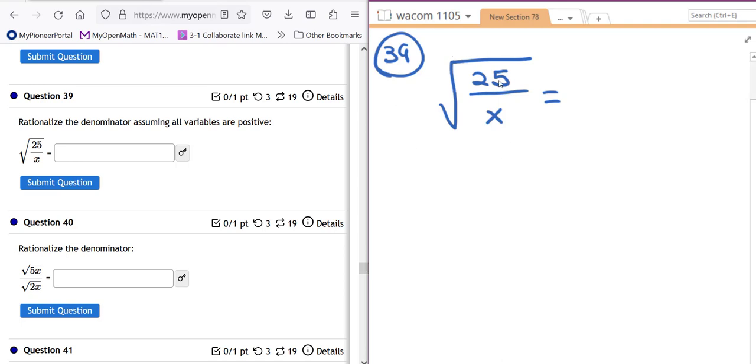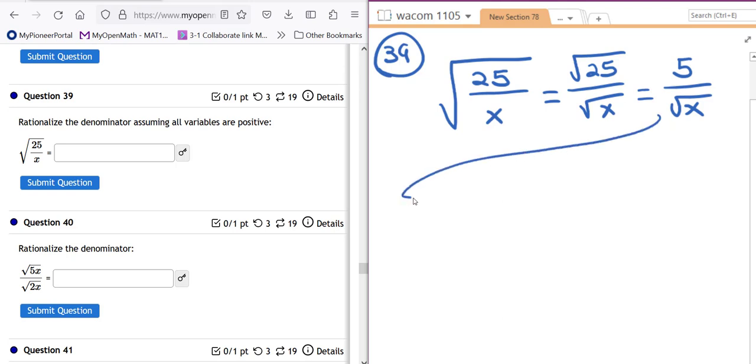All right, so go ahead and split it apart. Put the radical with the numerator, radical with the denominator, and 25 is a perfect square, so 5 over the square root of x. We've cleaned up everything we can, but you are not allowed to leave a radical in the denominator. I'm just going to recopy so I have this all together. So I have to get rid of this radical in the denominator.